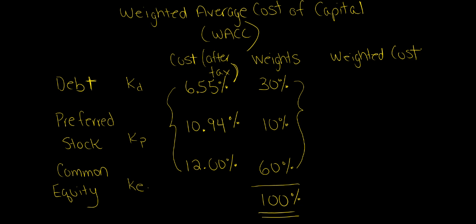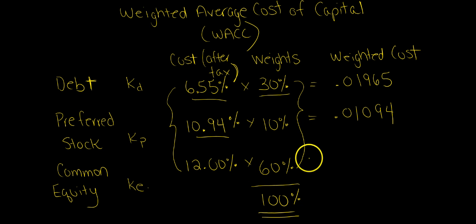All you need to do is take the 6.55 and times that by the 30%, and that'll give you 0.01965. Then take the 10.94 and times that by 10%, and that will give you 0.01094. And then take the 12% times the 60%, and that'll give you 0.072.